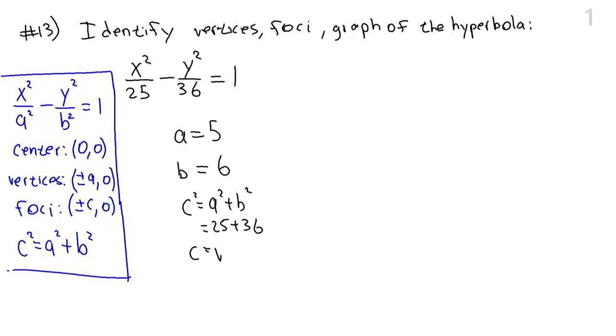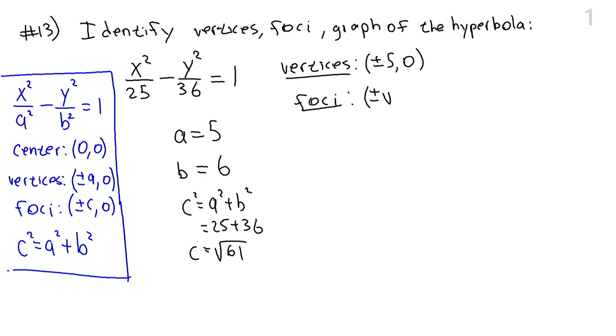This means that c is the square root of 61. And now we can gather that the vertices are going to be plus or minus 5 comma 0, and the foci are going to be plus or minus square root of 61 comma 0.